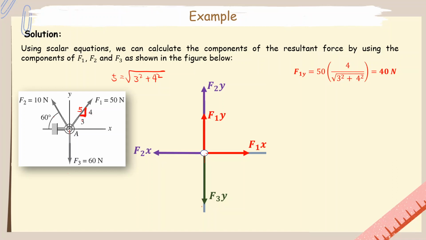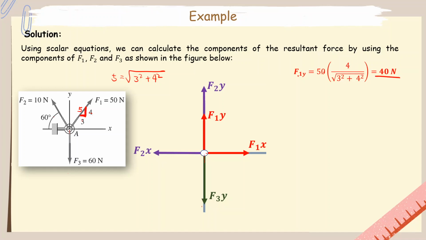So, therefore, kung isolve natin ang vertical component ni F1, that's 50 na force times vertical component. Ano ang vertical component niya? 4. Tingnan nyo ang vertical value. Vertical value is 4 over hypotenuse, square root of 3 squared plus 4 squared. So, that is 40 Newton.